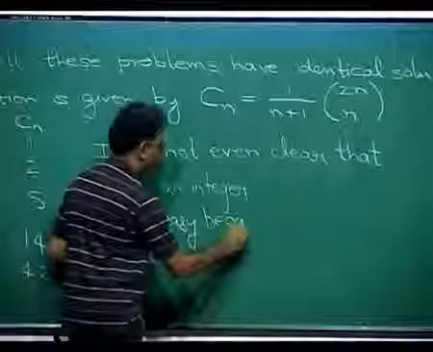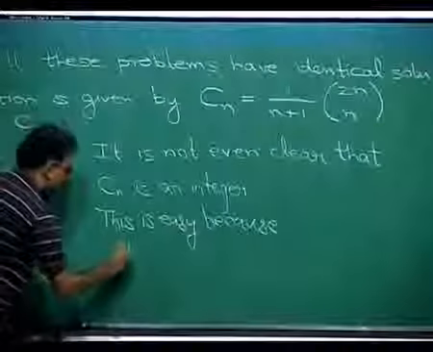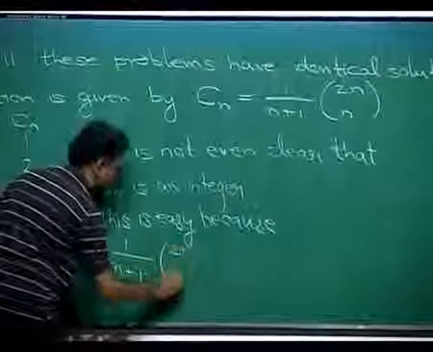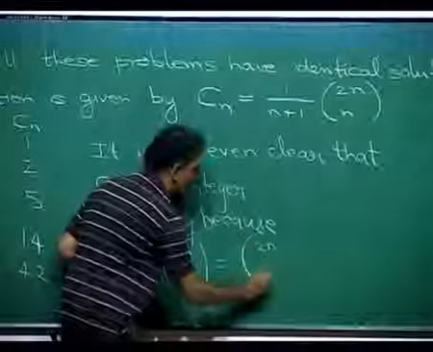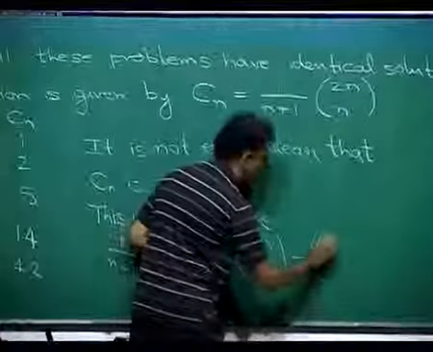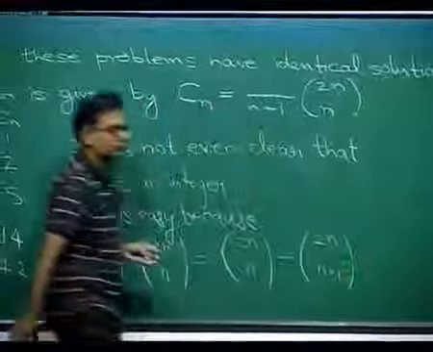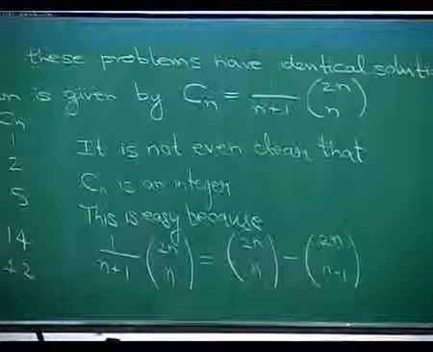Because we can rewrite 1 over n plus 1 times 2n choose n as the difference of two binomial coefficients. It is 2n choose n minus 2n choose n minus 1, say. And why is this? This is easy to prove.